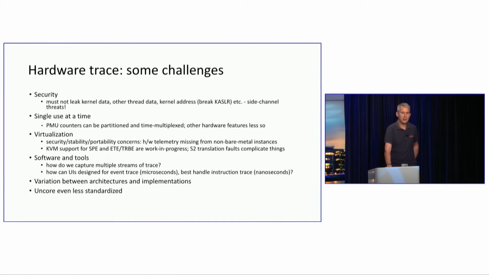With other features like trace and telemetry, it's harder to do that. Even with things like uncore PMU, it's harder to do that because there is just one thing that needs to be programmed, and it may not be attached to a thread context, so it's not something you can time multiplex easily. So all these features, I think it's something where you may need to sort of arbitrate the use between different agents. I'm not sure we have a good solution for that yet.